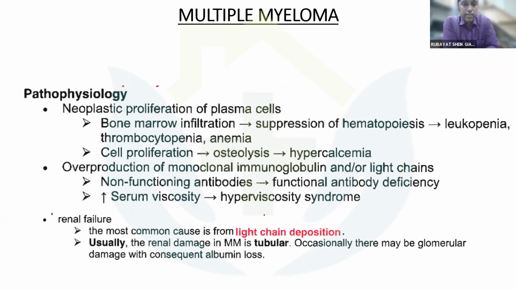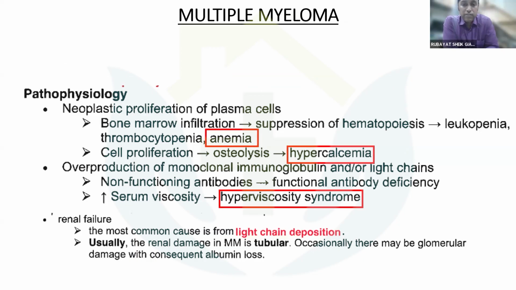So basically, you have an abnormal proliferation of plasma cells in the bone marrow, infiltrating the bone marrow, leading to pancytopenia. This cell proliferation causes osteolysis and hypercalcemia. So these patients usually present with features of anemia. They present with features of hypercalcemia. And of course, due to the huge load of antibodies, the blood becomes hyperviscous, okay?